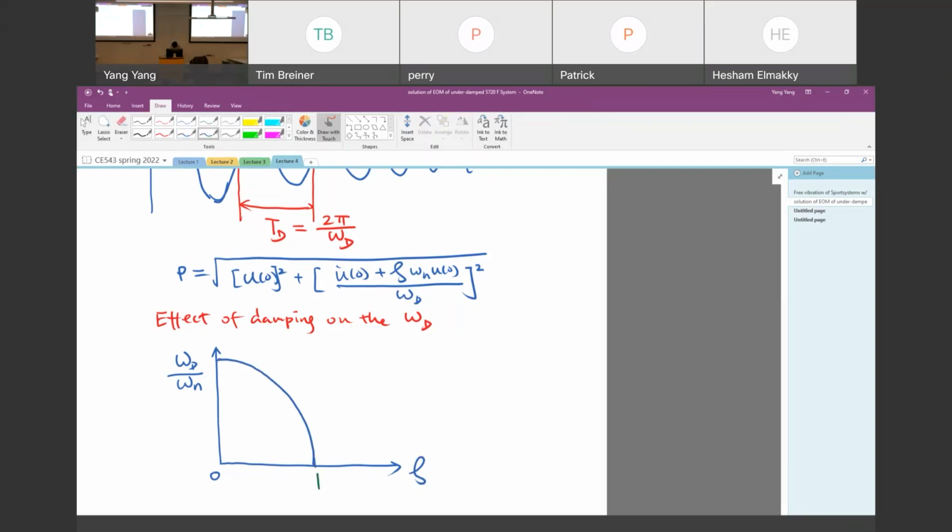This is equal to 1, and the function of this curve is omega d over omega n squared.